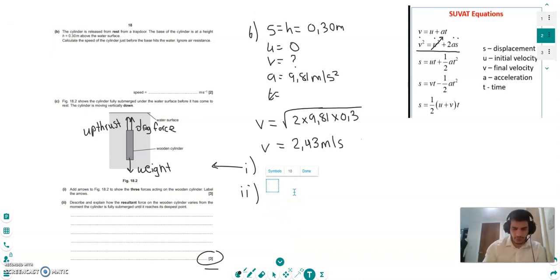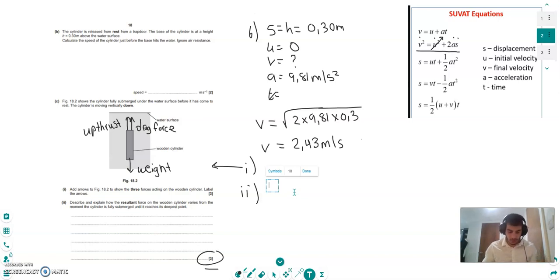First thing that we need to realize, I'd say, is the resultant force of the object. We have an object moving downwards into the water, and it goes deeper and deeper until it stops and starts moving towards the surface, upwards, right?